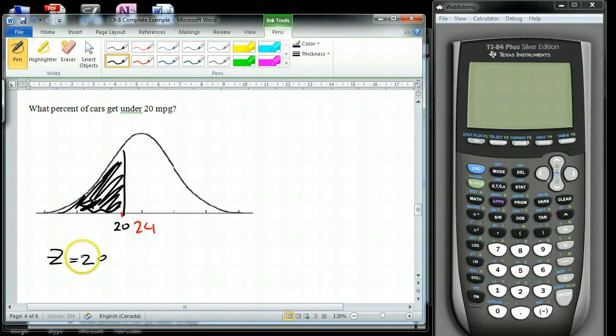Your score minus the mean over the standard deviation.